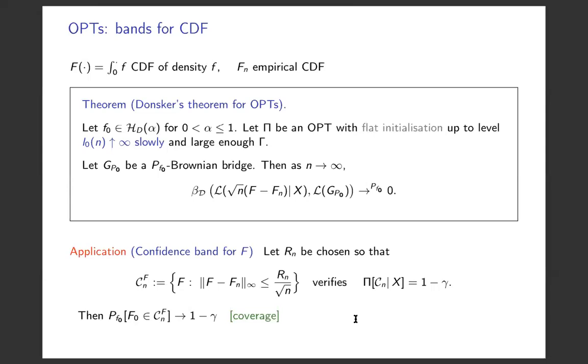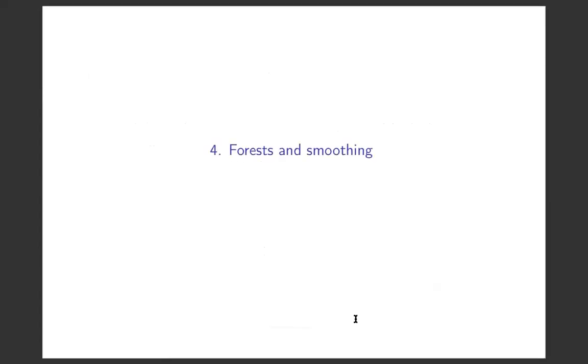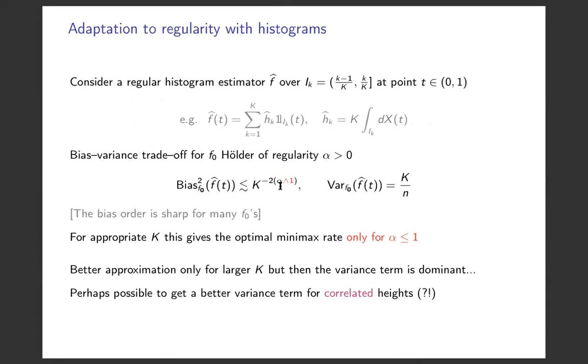Now let me go back to maybe slightly weaker L2 type risks to talk about a difference between single trees and forests, and namely a property that you can get via forests, namely smoothing. So suppose you want to estimate an alpha Hölder function.